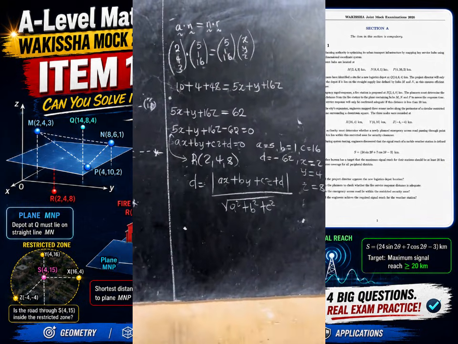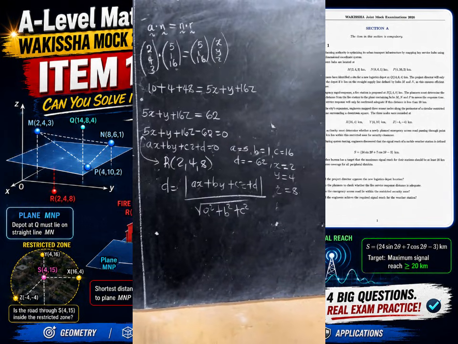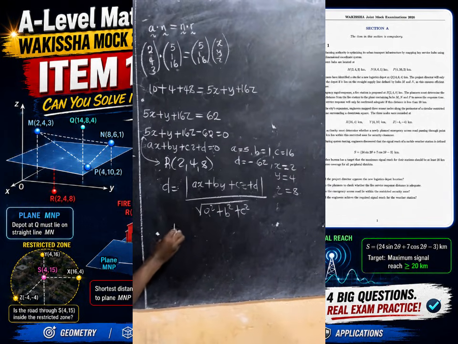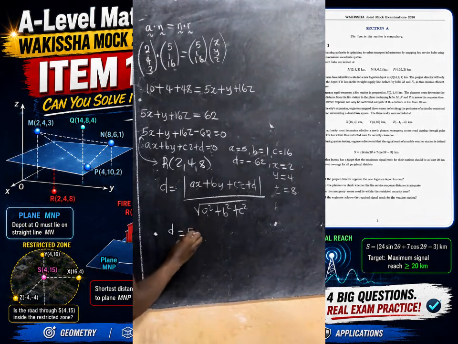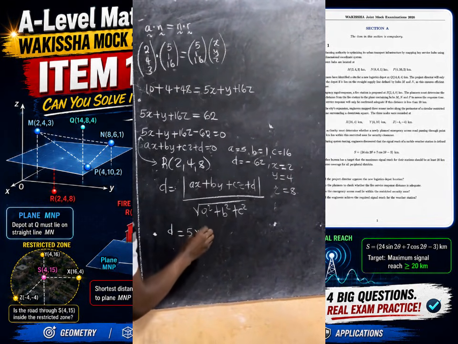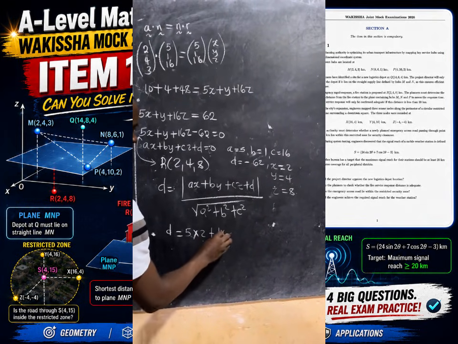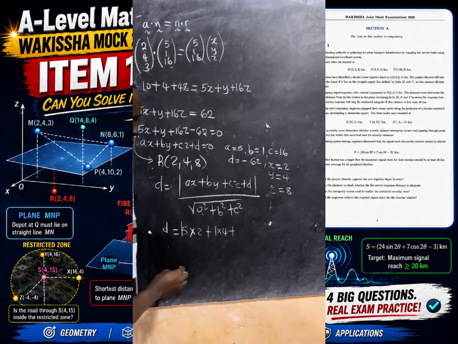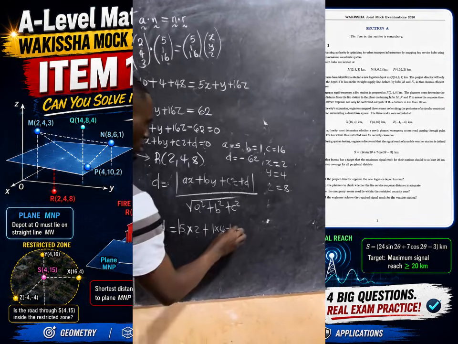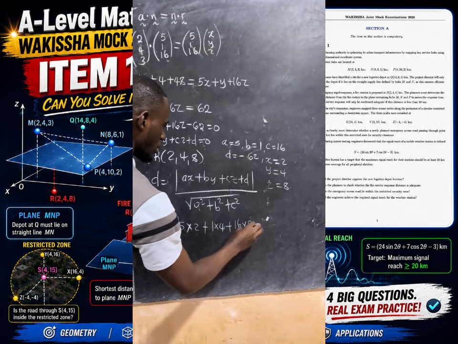Then after computing, the distance is going to be given by a, which is 5, times x, which is 2, plus b, 1 times y, 4, but we have a magnitude, plus c, which is 16, times z, which is 8.